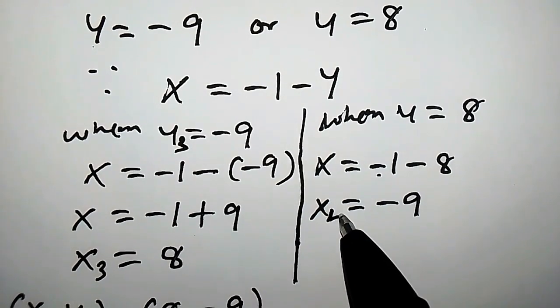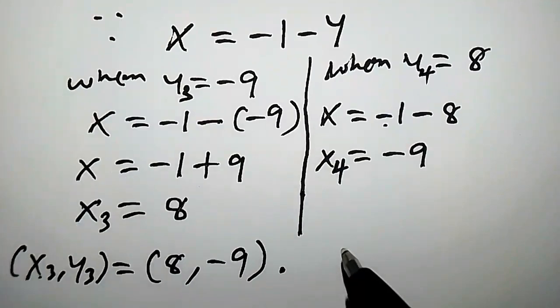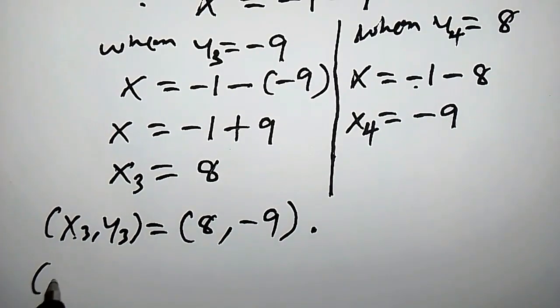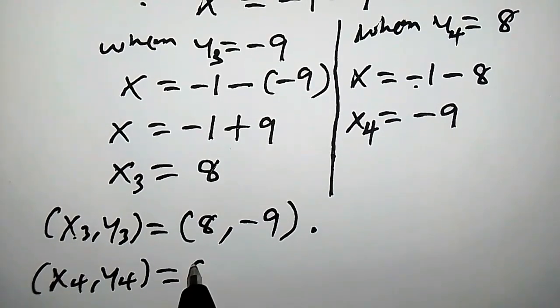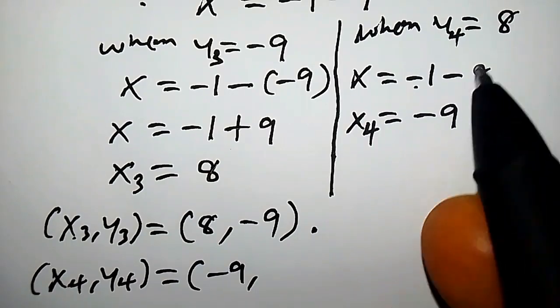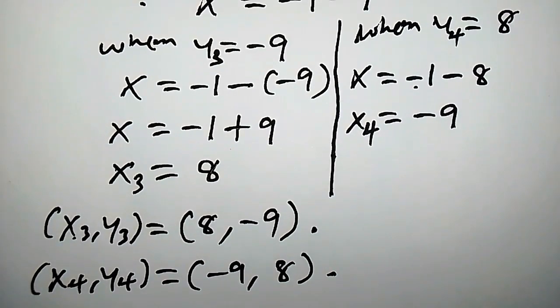Let's call this x4 and this y4. Thus, the fourth solution is simply x4, y4 equal to x4 is -9, y4 is 8. This is the fourth solution.